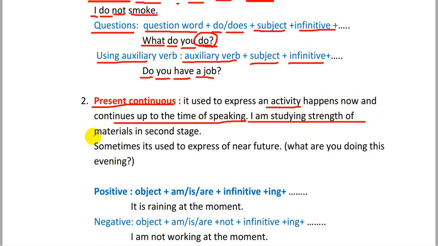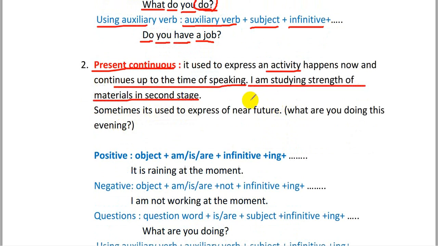That means I didn't finish studying strength of materials. It is I'm still studying that. So it started at the time before the time of speaking and still continues until the time of speaking. يعني حادثة تستمر إلى وقت التكلم.